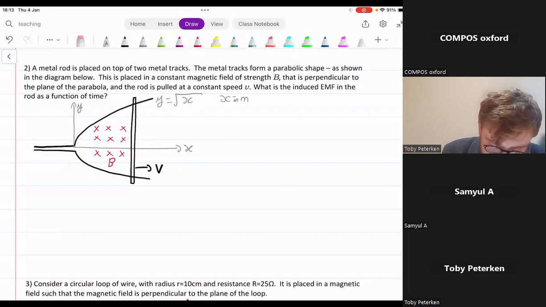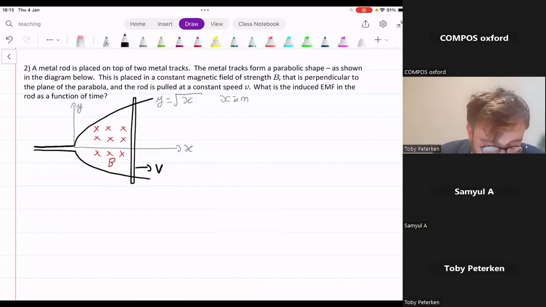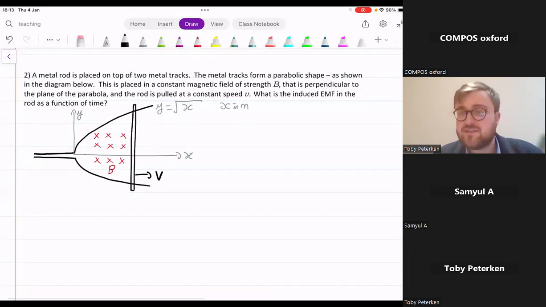We will have a look at the next one. In this case, a metal rod is placed on top of two metal tracks, and the tracks form a parabola shape. So y is equal to the square root of x, where x is given in meters, otherwise we need another constant in there.